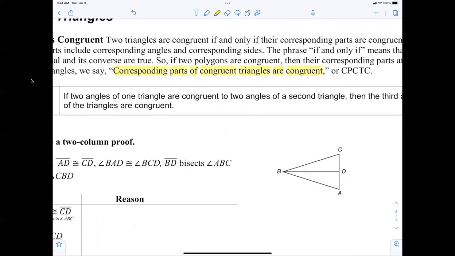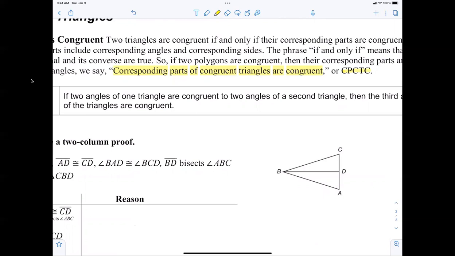We're going to use that a lot. And so we say what? That's going to be called CPCTC. Corresponding parts of congruent triangles are congruent. That's what we've been saying. I just didn't tell you that. So everybody needs to underline that.